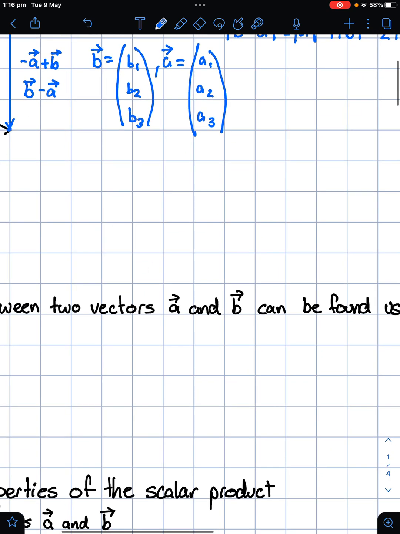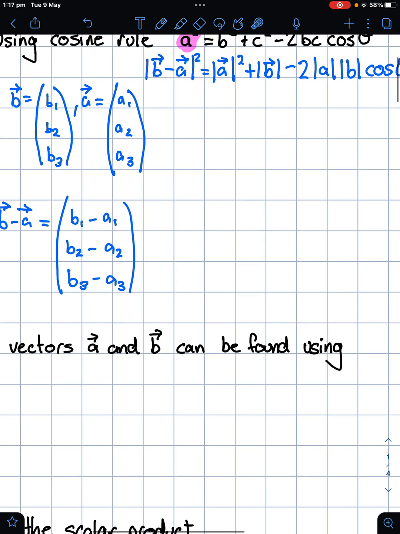This would mean our B minus A vector would be B1 minus A1, B2 minus A2, B3 minus A3.